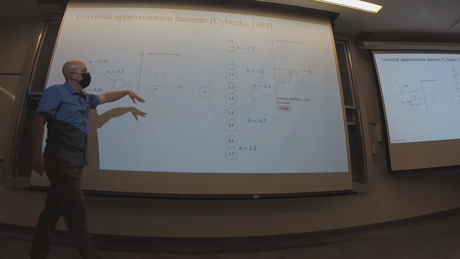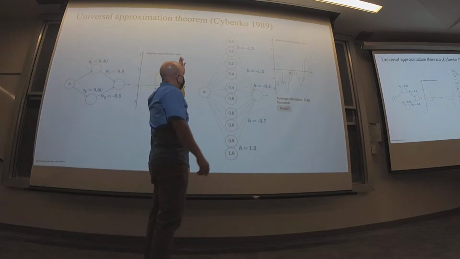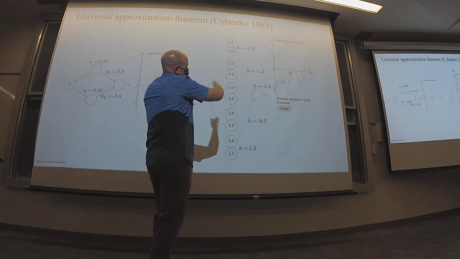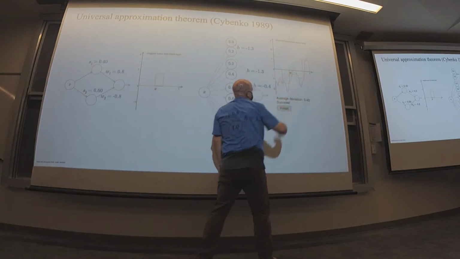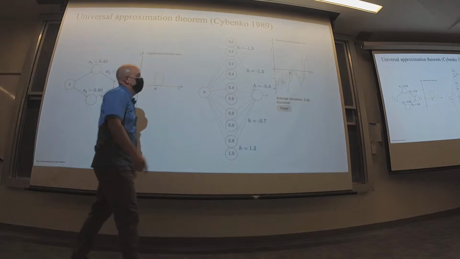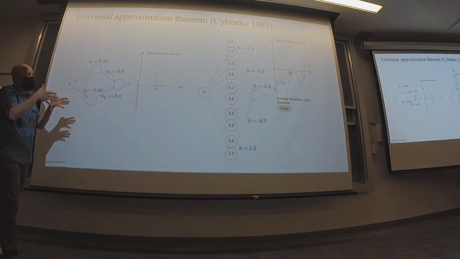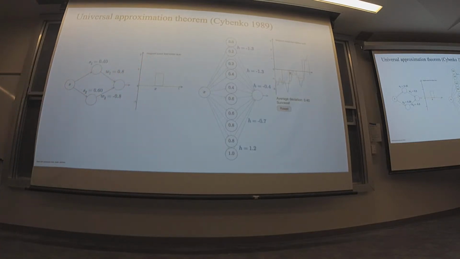For every one of these wiggles, you can create a step function that will fit it, and you can create more and more of these step functions so that you get a closer and closer approximation to those wiggles, right? And that's how it works.